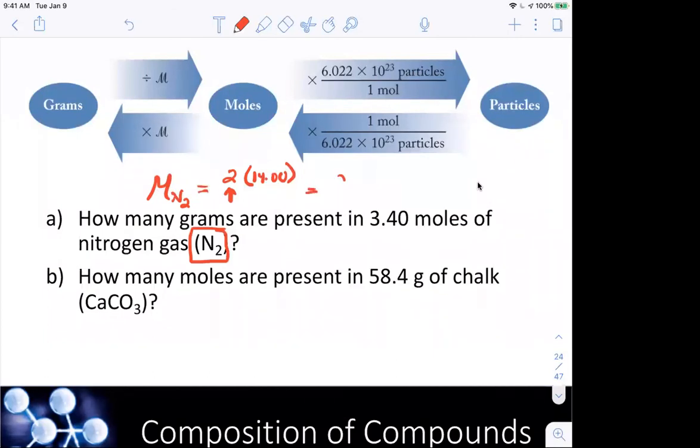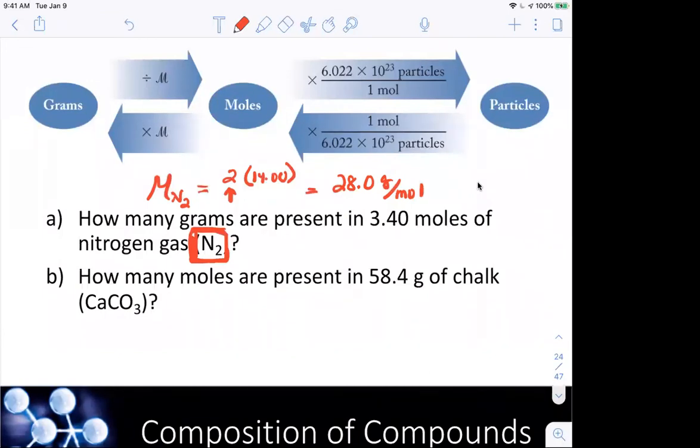So the molar mass is going to be 28.0 grams per mole. Because this is the formula, this is actually a molecule. Even though it's nitrogen, the formula for nitrogen present in nature is N2.